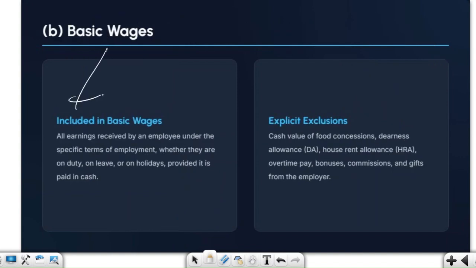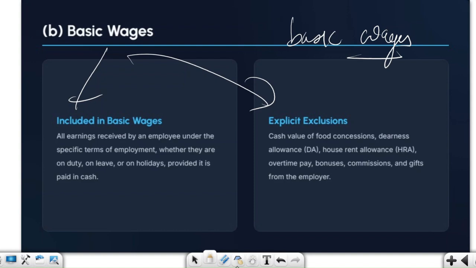Now let us talk about basic wages. This is also very important. The Act defines basic wages broadly as the remuneration earned by an employee according to the terms of employment and paid or payable in cash. But several components are specifically excluded. So what constitutes basic wages?